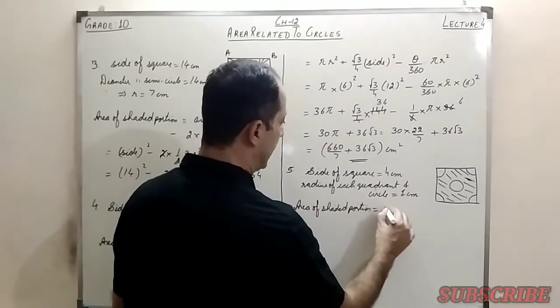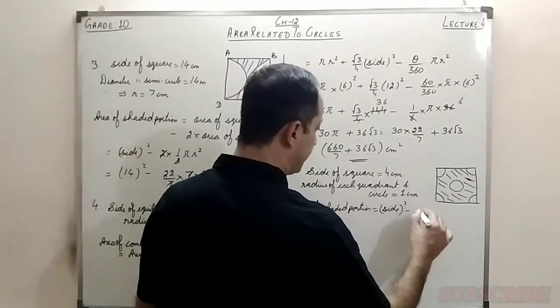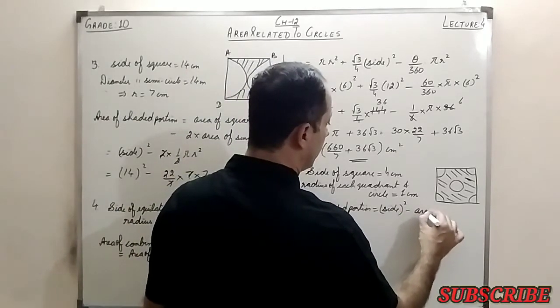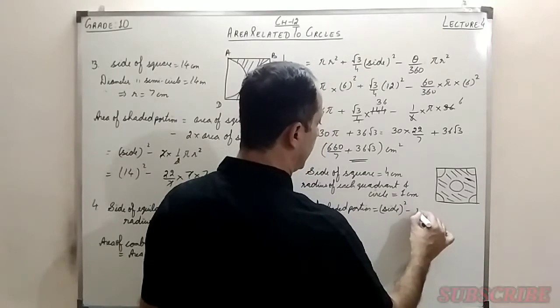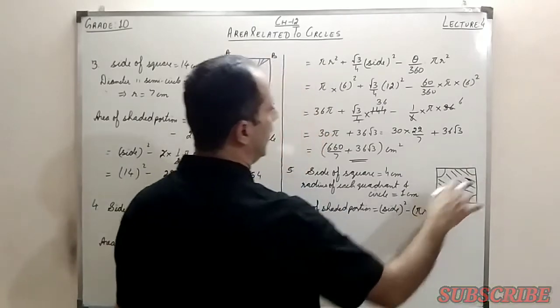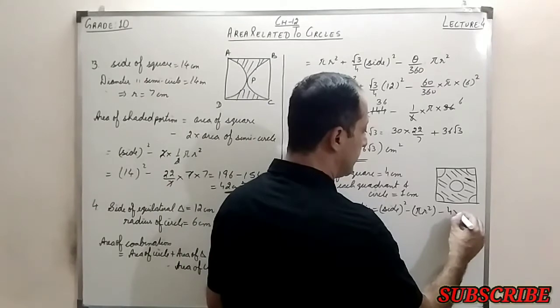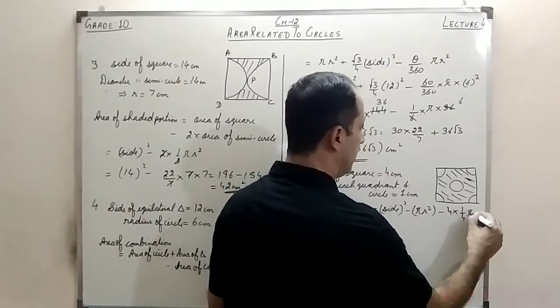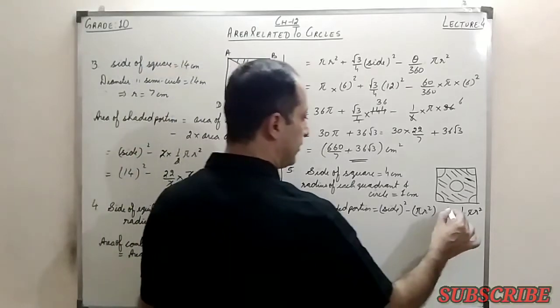so what we do, this is side square minus area of circle, or I'll just write it out as pi r square minus area of these 4 quadrants. So this is 4 times 1 by 4 pi r square, right? So now this pi cancels, 4 cancels out here.